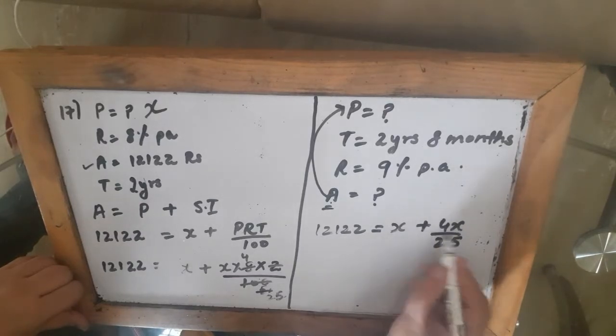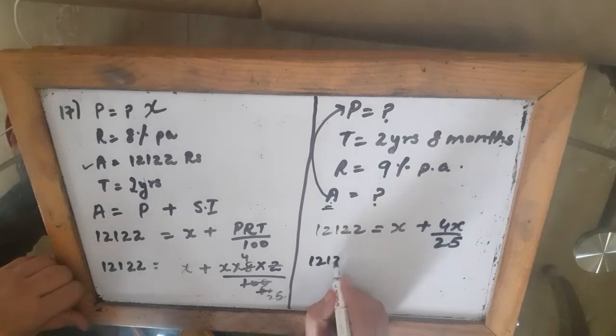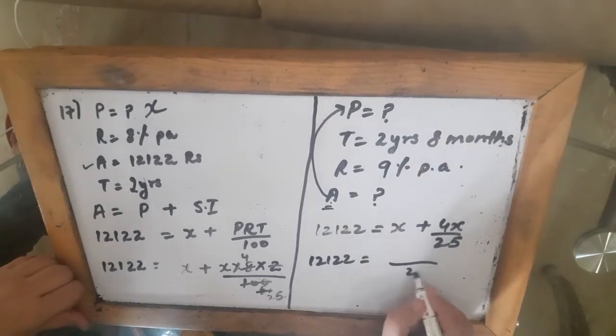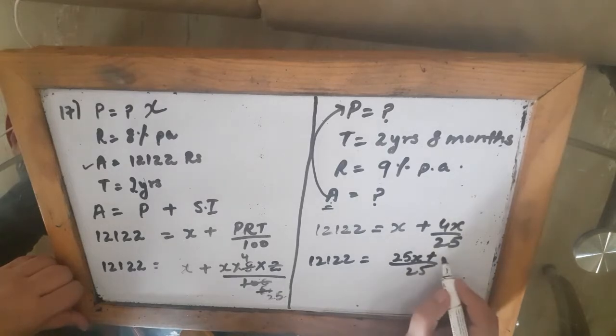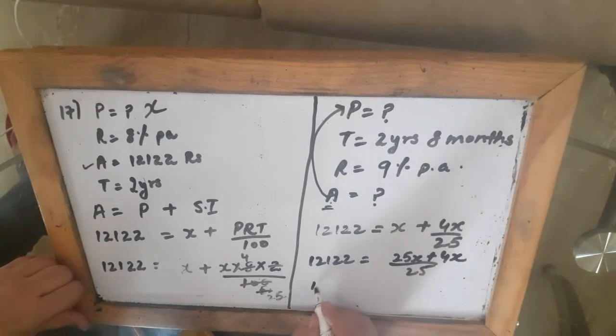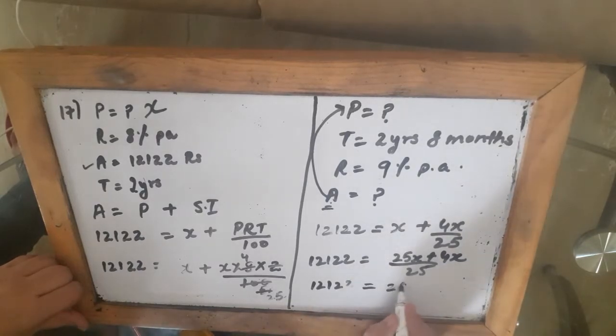Now both are x terms, and how do we add the fractions? By taking out the LCM. So this becomes 25x plus 4x, and you get 29x upon 25.